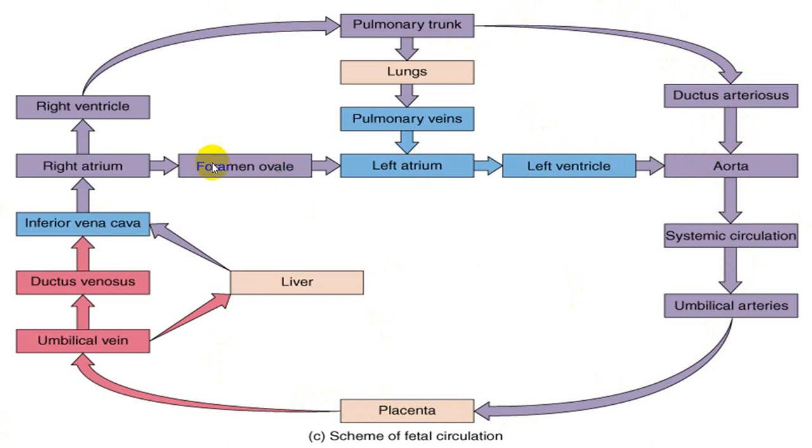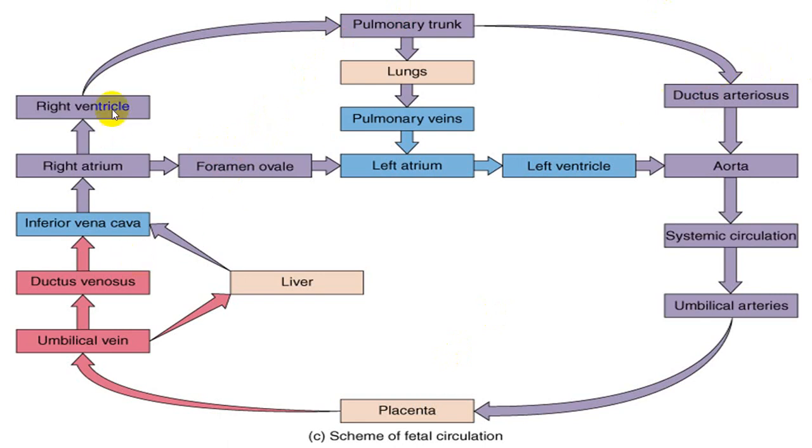So in the fetus there is a patent foramen ovale and there is a ductus arteriosus. The blood is flowing from the right side into the systemic circulation, and that is how you get blood flow in the fetus. Once the child is born, the foramen ovale will close, the ductus arteriosus will close.